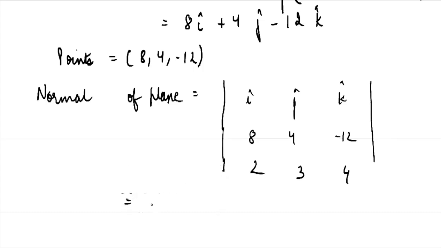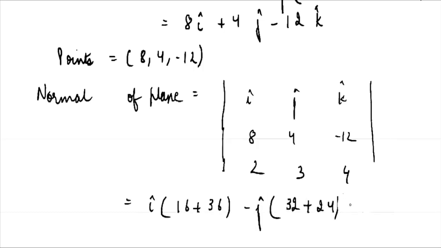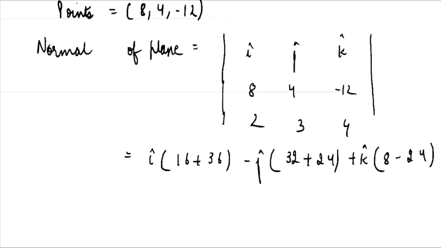That would be equal to i cap into (16 plus 36), minus j cap into (32 plus 24), plus k cap into (24 minus 8)... the k cap part would change: 8 3s are 24 minus 4 2s are 8.